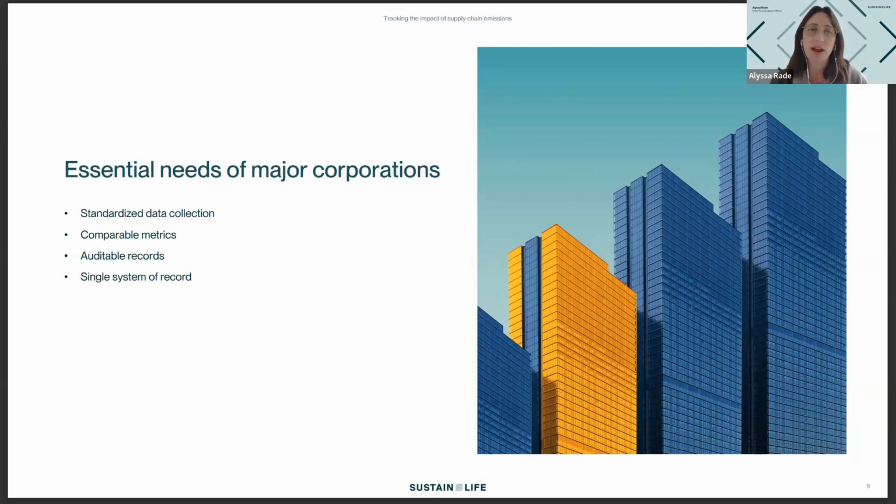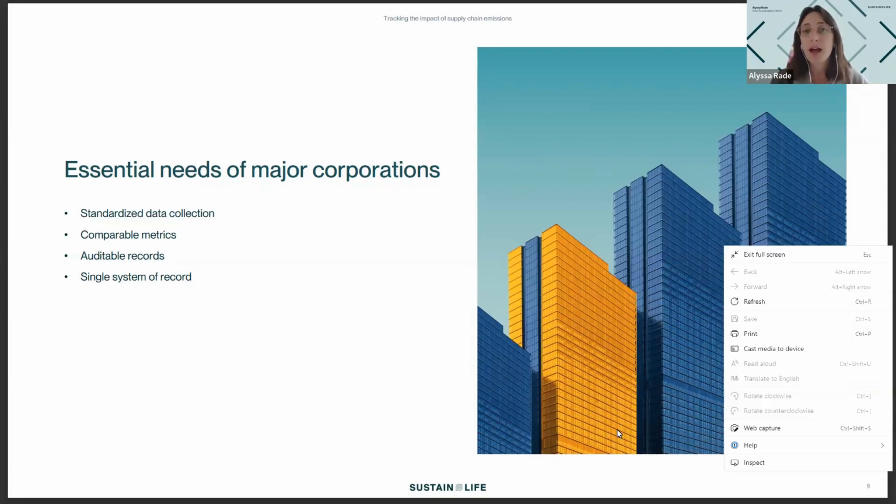And so much of that, right, is auditable records and good data governance, transparency on the methodology and the documentation, not just behind your own sustainability and carbon, but again, that of your suppliers. And of course, a single system of record. One place where you can do this all, store it all, doesn't get lost on individual desktops, but having a reliable platform that houses all of that data and keeps it consistent for your organization.